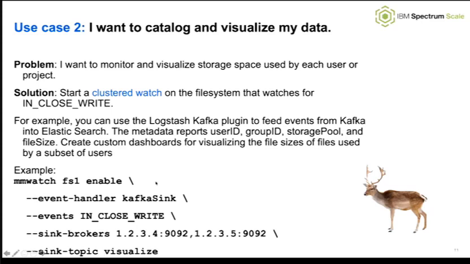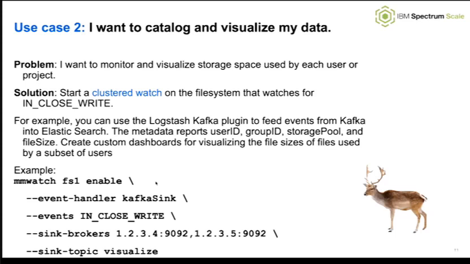Now, from there, after Spectrum Scale and Clustered Watch Folder has sent that JSON record over, you could, for example, use the ELK stack here. So you could use the Logstash Kafka plugin to feed the events that Spectrum Scale and Clustered Watch Folder sent, and you could get them into Elasticsearch.